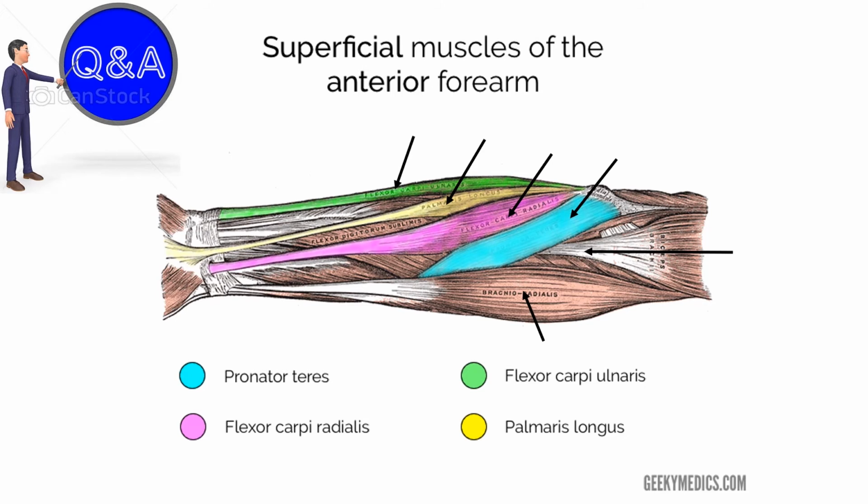Biceps tendon is an important landmark. Laterally is the brachioradialis, and then on the medial side of biceps tendon is the pronator teres, then flexor carpi radialis, palmaris longus, and flexor carpi ulnaris.